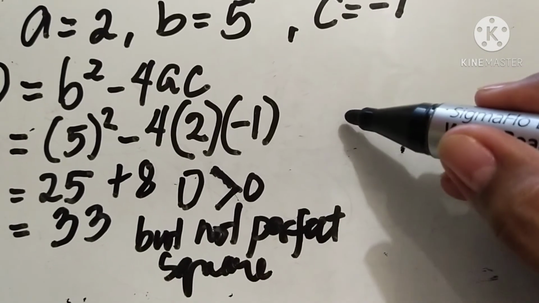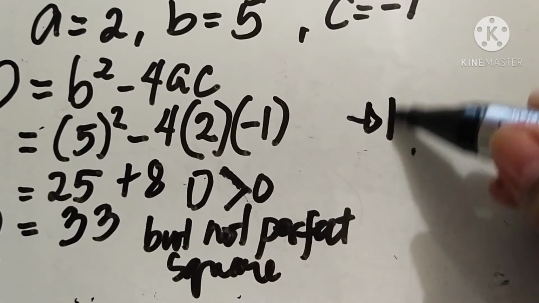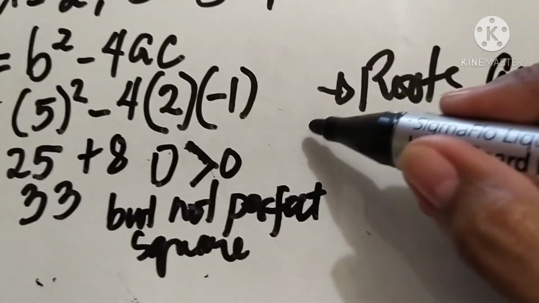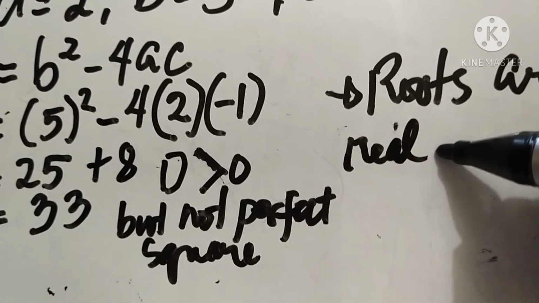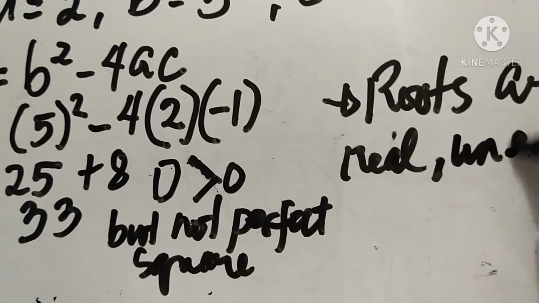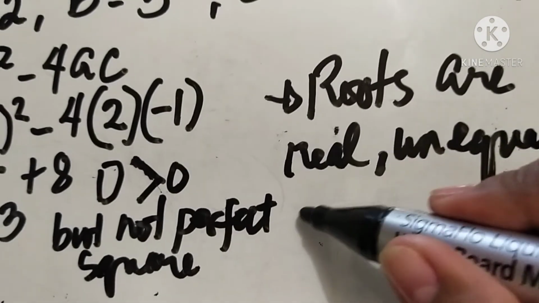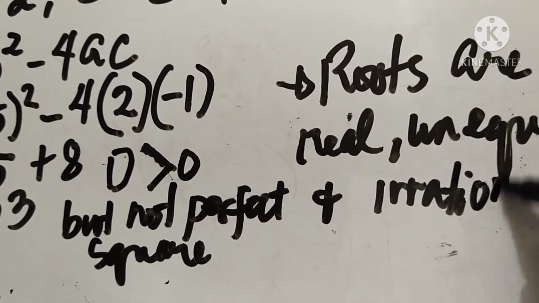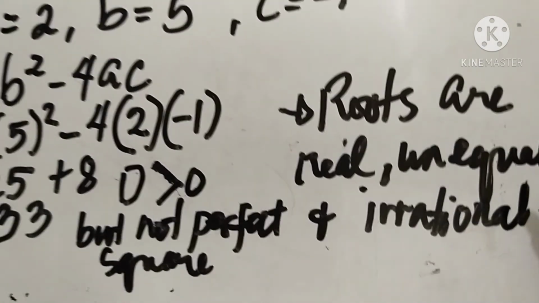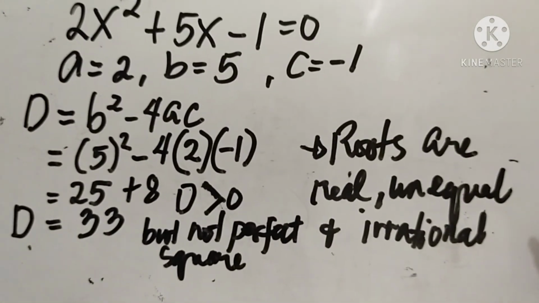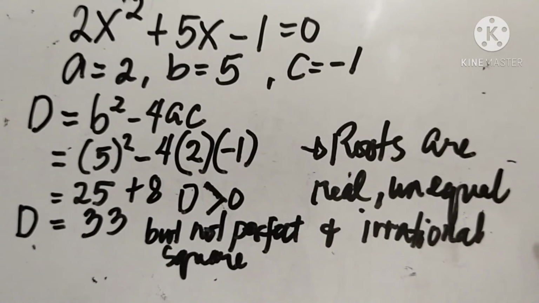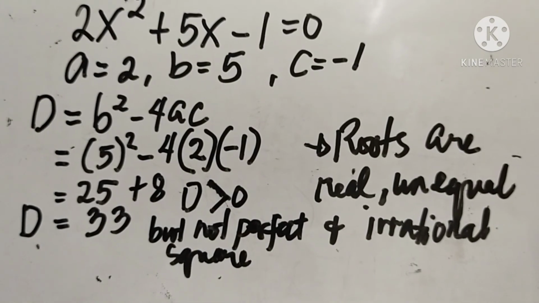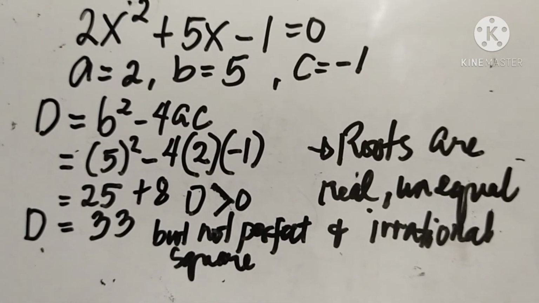So the nature of the roots now, you can say that the roots are real, unequal, and irrational. That's it. So, based on the discriminant, the nature of the roots, you cannot determine it unless you have the value of the discriminant.